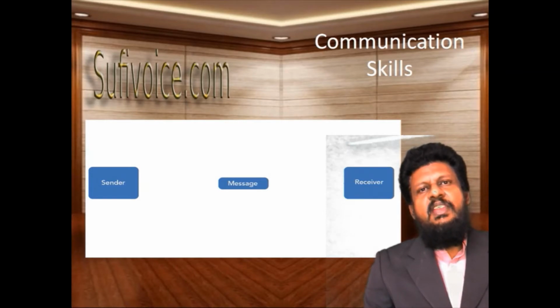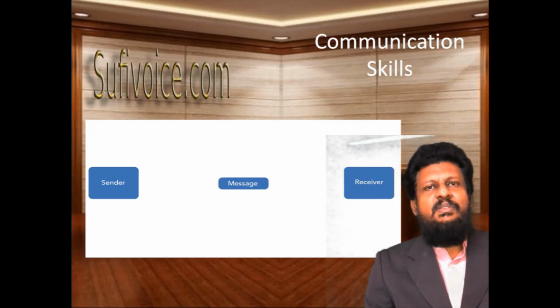Now, suppose A wants to communicate a message to B. Who is communicating? A is communicating. So A becomes the sender and B becomes the receiver. How will he communicate? He will use a message, and the message should be in the form of a language.